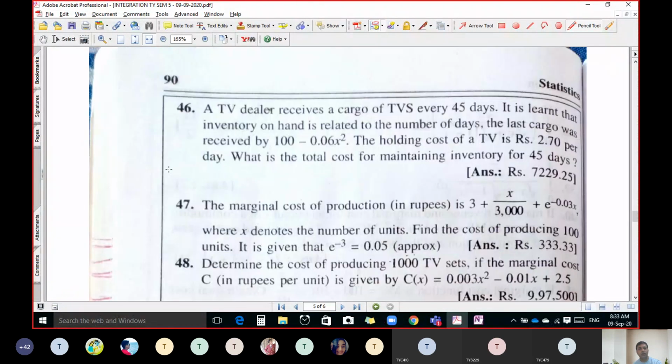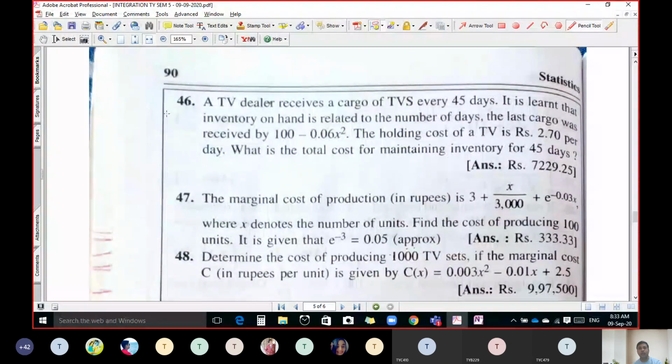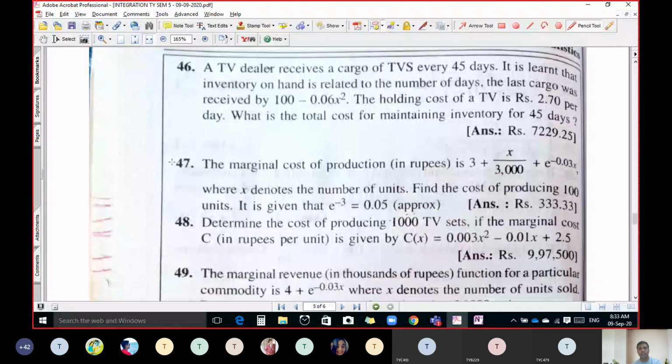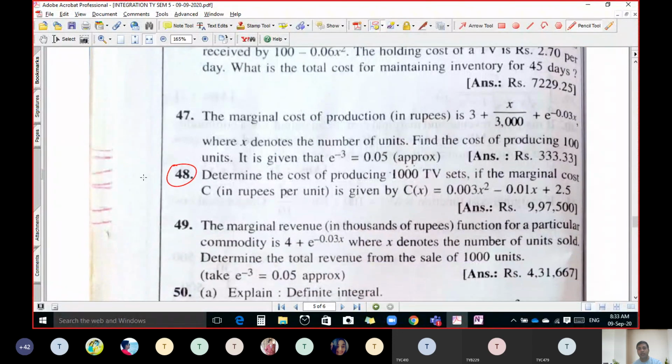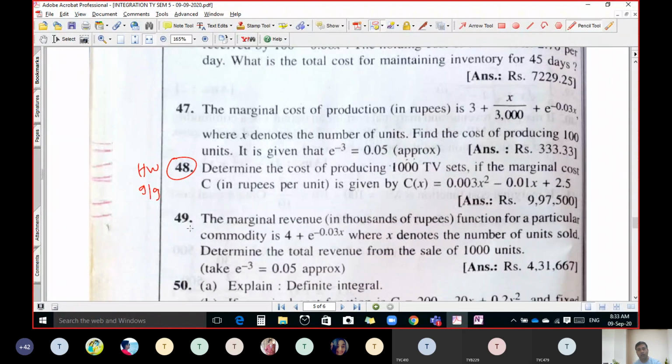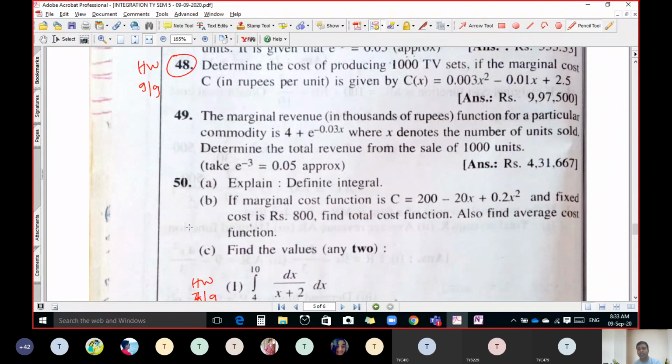Try to find the answer of this question. This is a very important question. We will discuss it in our next lecture. This is also a very important question. You can consider this as homework. This is also a very important question, 49. So we will discuss it in our next lecture. You can consider this your homework.